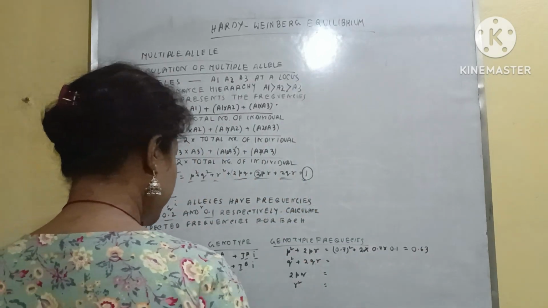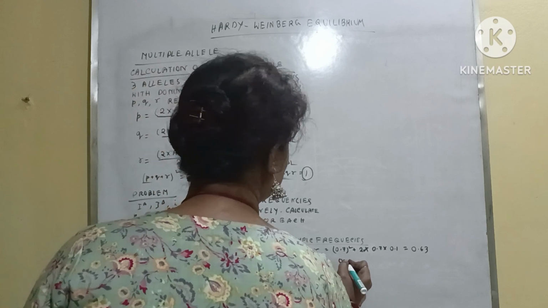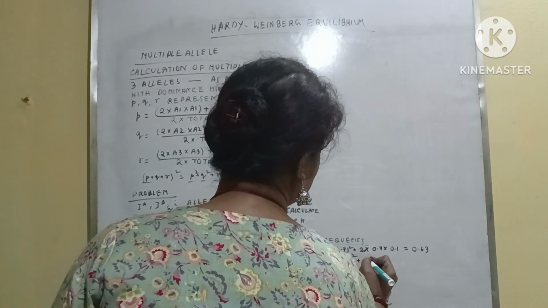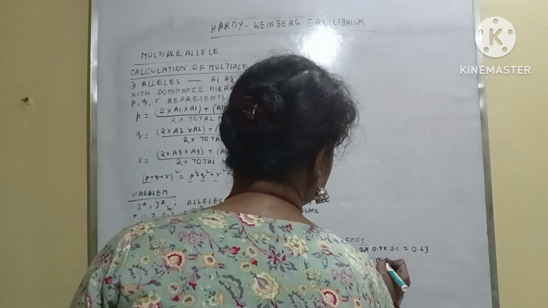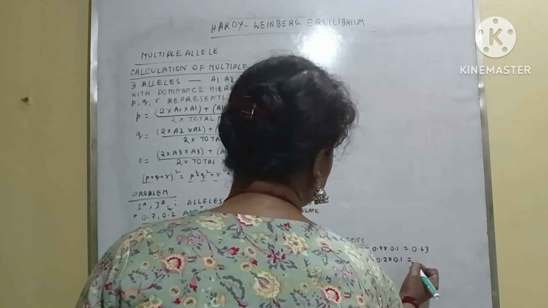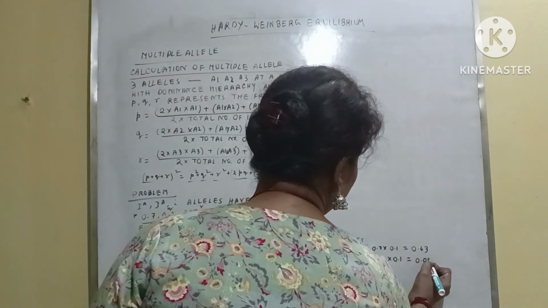In the next step, for B: q square, that means 0.2 square, plus 2 into q, 0.2, into 0.1. So the answer is 0.08.